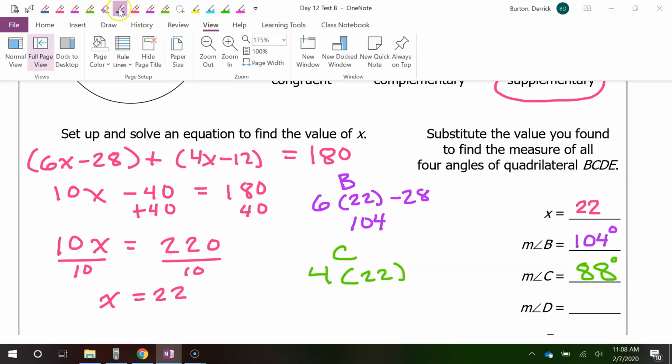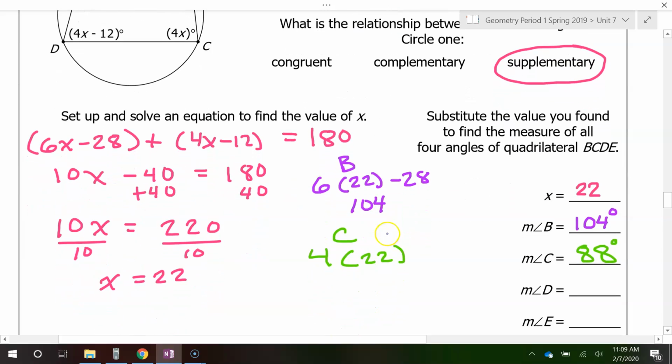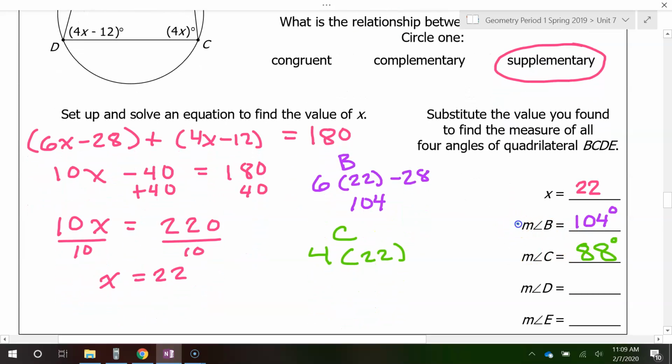Well, we already decided that angle B and angle D are supplementary. So since angle B is 104, we're just going to subtract from 180. And that should leave 76 degrees.